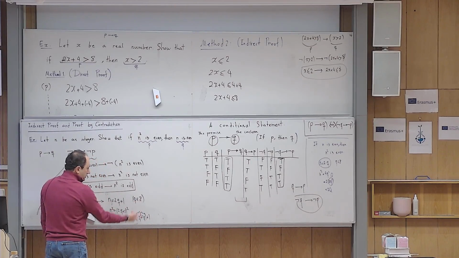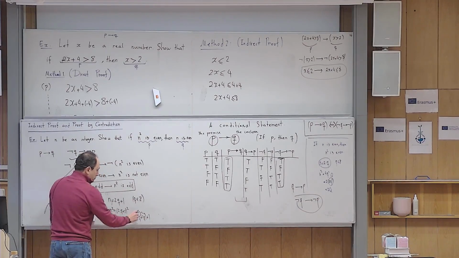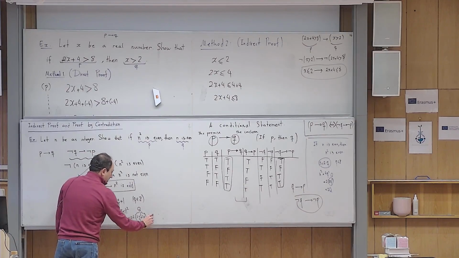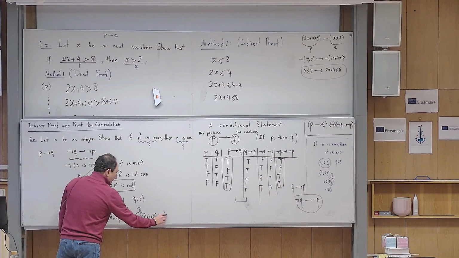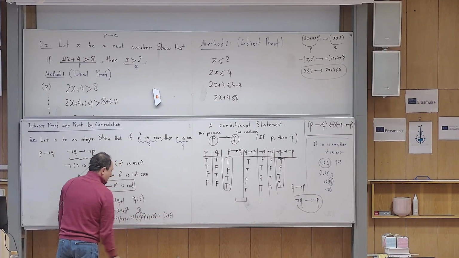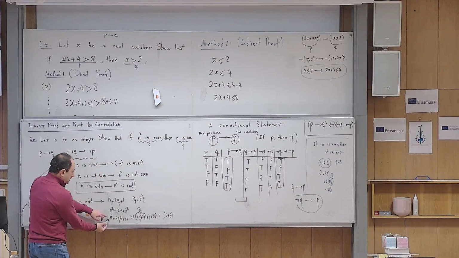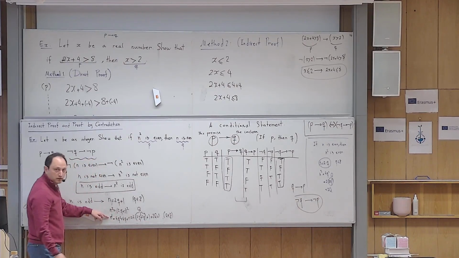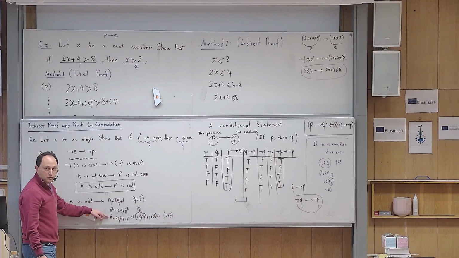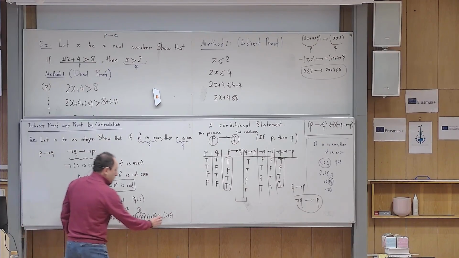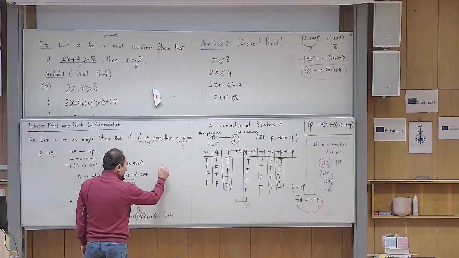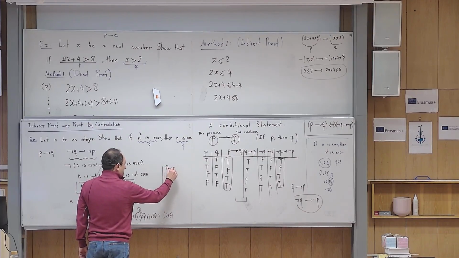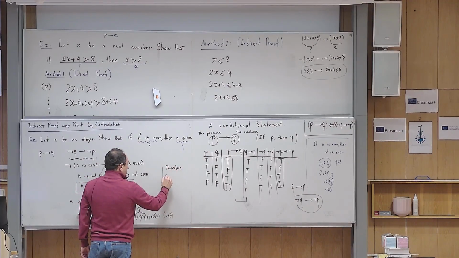Yes, because q was an integer, so this combination is an integer, so I can call it capital Q. Then it becomes 2 capital Q plus 1, and capital Q is in Z. So now look, what do I have in my hand? n squared, which I was looking to know something about, is 2 times an integer plus 1. What does it mean? It means n squared is odd. So therefore, n squared is odd.